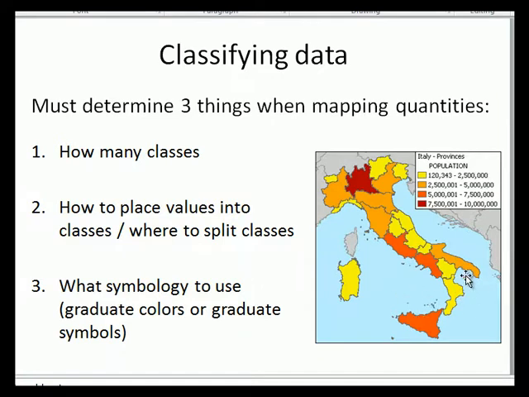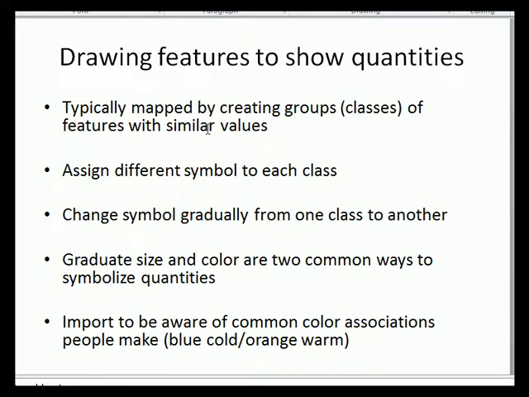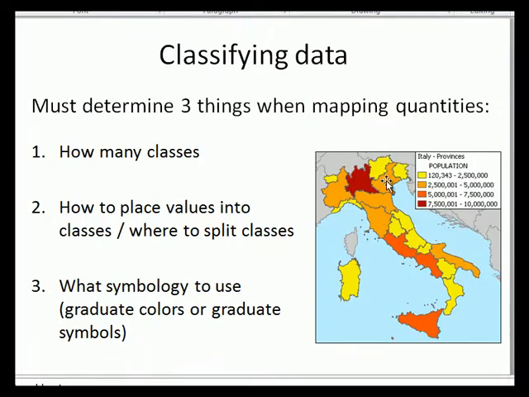These polygons that are yellow have been grouped into that class. So what we said up here is that we map quantities by creating groups of features with similar values. So the provinces that are in yellow we've grouped because they have similar values of population. They have close to the same population.